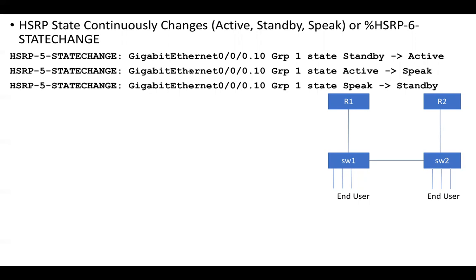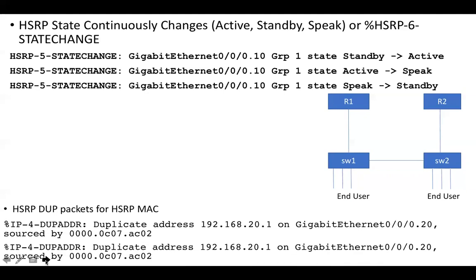So whenever you are encountering these error messages, I request you to verify data communication between HSRP peers, verify CPU utilization, verify whether your STP is stable or not, and verify physical layer connectivity throughout the path. Make sense? Let's discuss another case where we are receiving duplicate packets for the HSRP MAC address, which is ending with AC02.